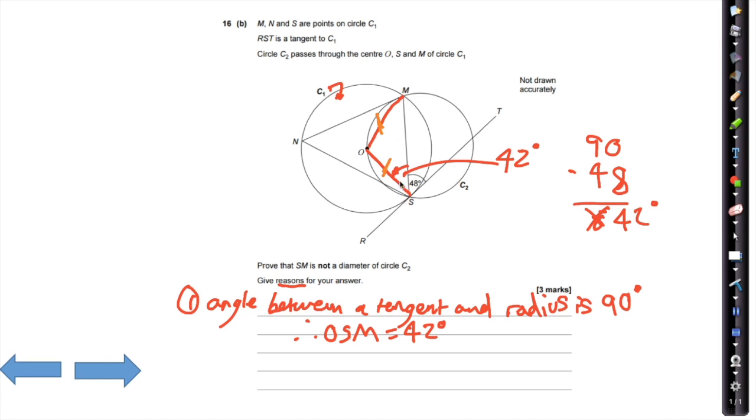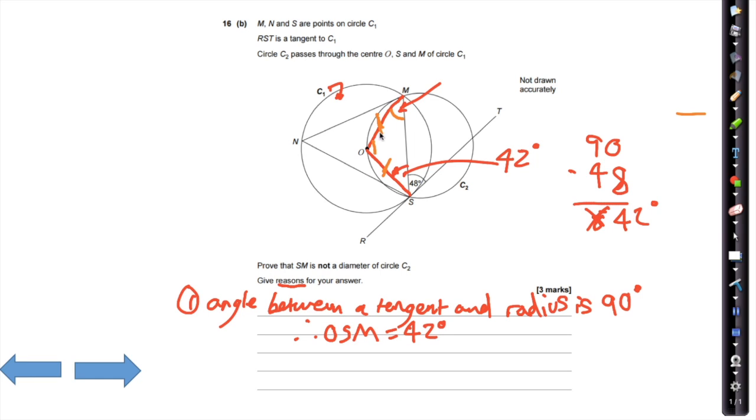And what we should know about isosceles triangles is that the angle which is in between the two sides which are the same is the angle which is different. Two of these angles must be the same. And the angles which are the same are the two which are not enclosed by the sides which are the same. So this side is a radius, this side is a radius, so this is the angle which is different.